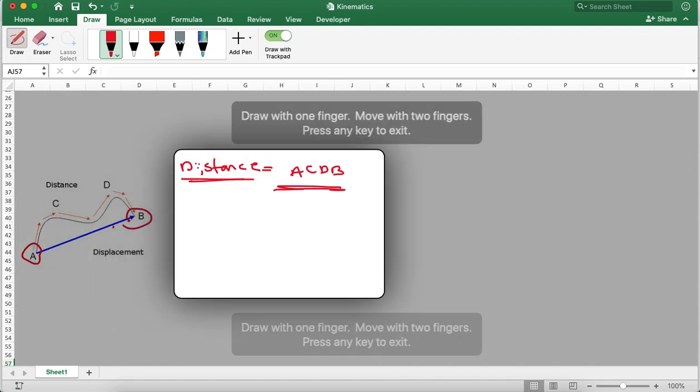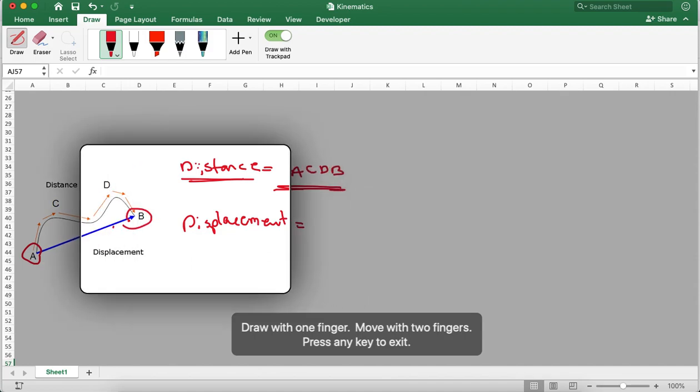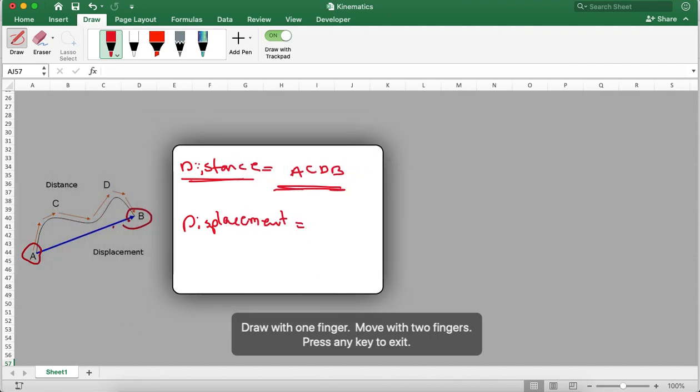A simple definition for the displacement is the shortest distance between the starting point and the ending point. From the picture, the shortest distance is the one I have already shown with the blue arrow, so the displacement is equal to AB and the distance is ACDB.